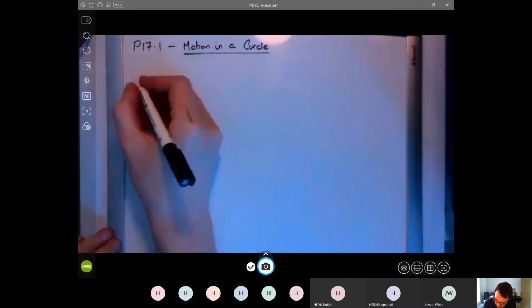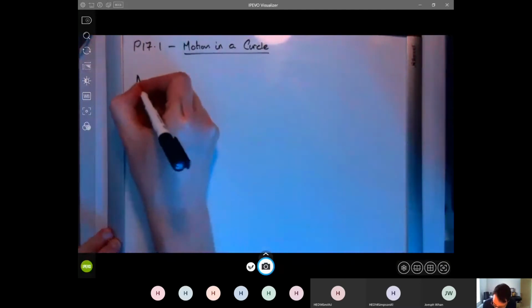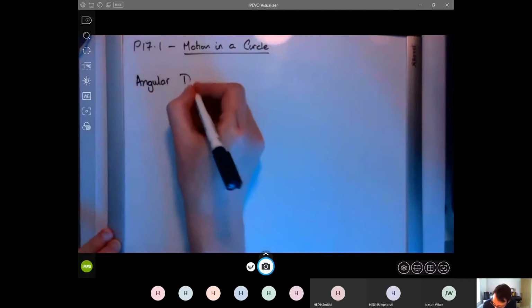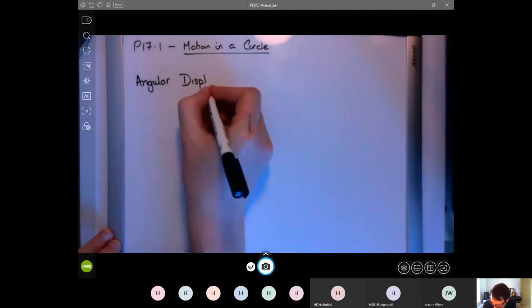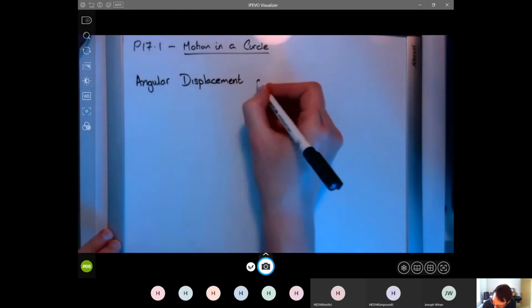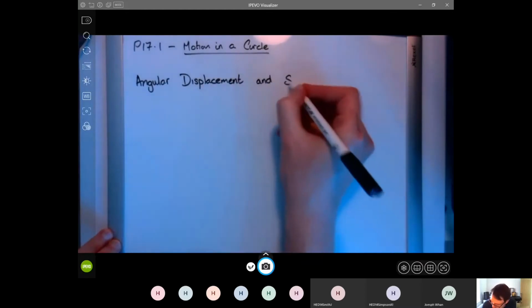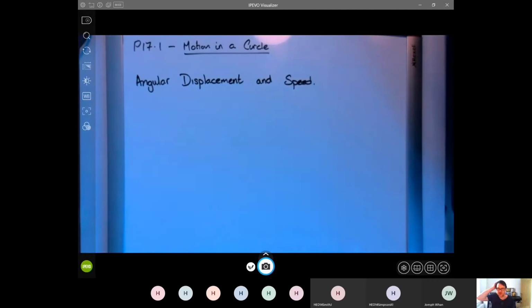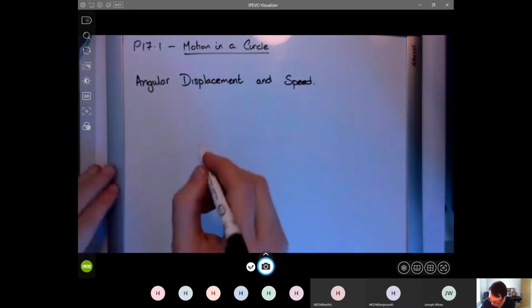Right, so let's use some terminology here. Angular displacement and now I'm going to call it speed for the moment, but realistically it should be velocity, but let's stick with speed. So angular displacement and speed. Right, it's going to be a terrible drawing now.